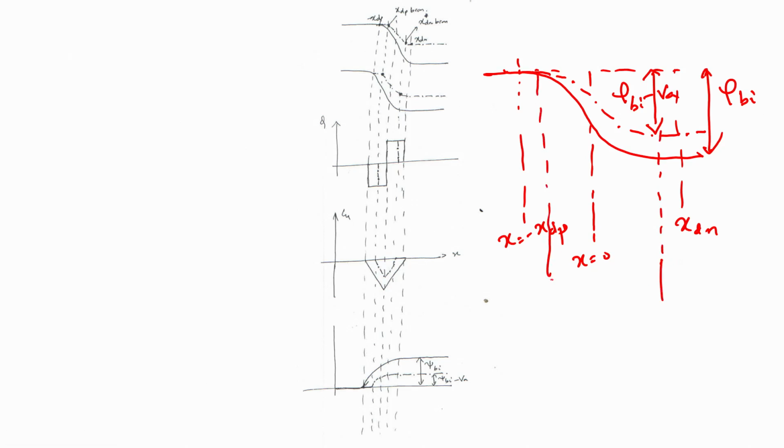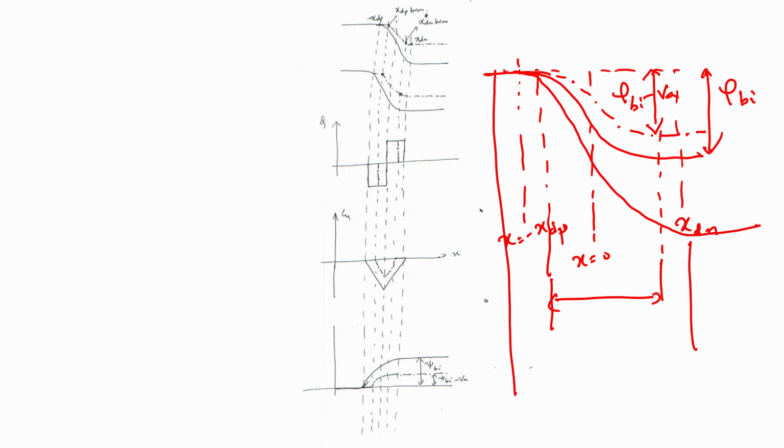It is not going to be as large as before, it is going to be much smaller. On the other hand, if it is reverse bias, the band bending will be a little bit steeper because my phi bi is increased, and it will also extend to a larger distance. So that is going to be the reverse bias case. That is going to be the equilibrium, that is going to be the forward bias case, and that is going to be the equilibrium case.